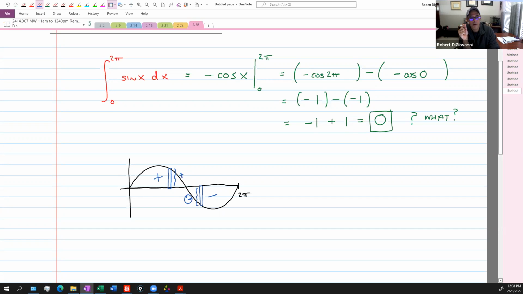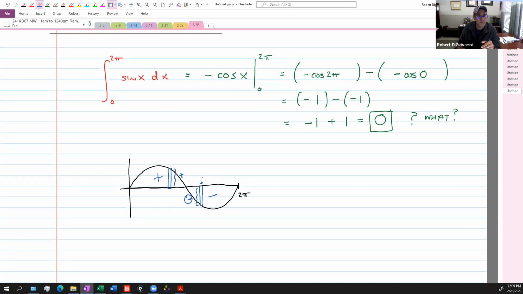Then you multiply that times the width, which is positive, and so it calculates it as a negative. Remember, the height is the height of the function above or below the x-axis. If it's above, it's positive. If it's below, it's negative. The integral doesn't know how to distinguish where you're above or below. So this can be problematic.